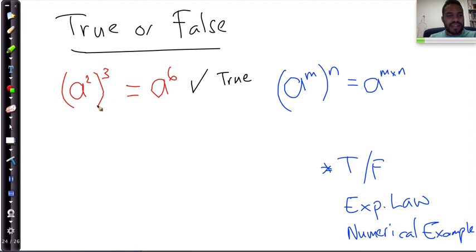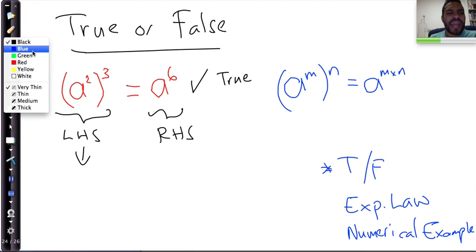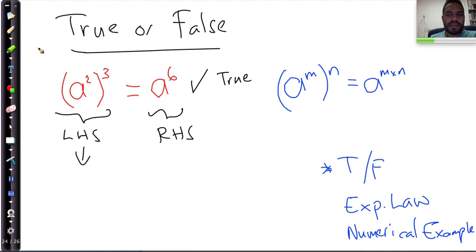But let's test it. I'm going to call this over here the left-hand side, and this over here the right-hand side. If I look at the left-hand side, let's choose any random a. Let a be equal to 2.